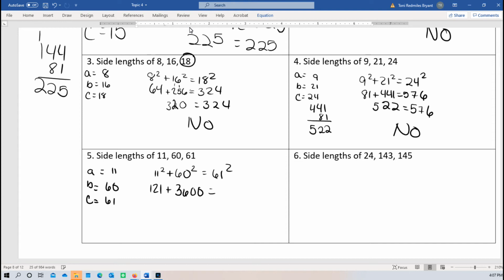And 61 squared is going to have 2 more in there? Let me just do it to make sure. Yeah, that's right. I was right. Let's add this up, and I can already tell this is a correct relationship, but let's finish it mathematically. So yes, this is a right triangle.